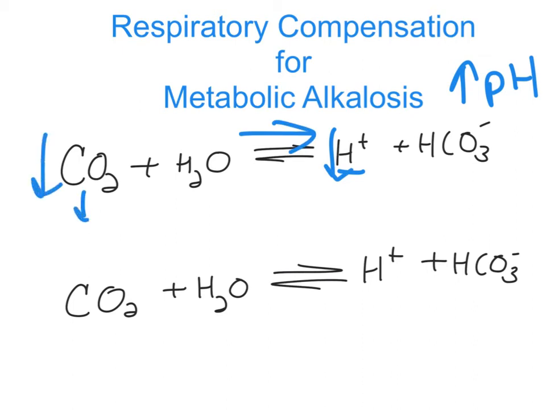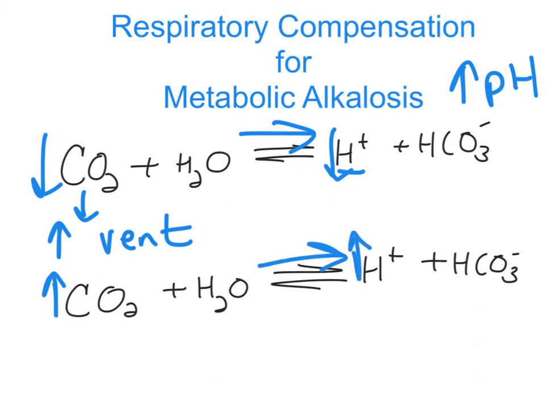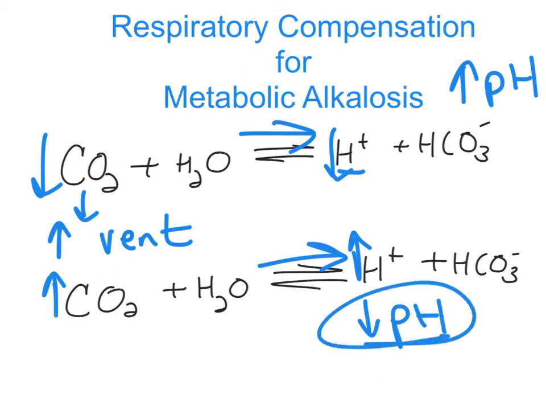The body's natural homeostatic response to a decrease in carbon dioxide is going to be to decrease our ventilation, which then increases our CO2 levels, which shifts the equilibrium to the right, and as a result, increases hydrogen ions and decreases pH. Again, an appropriate homeostatic response or compensation for the original disturbance, which was an increase in pH.